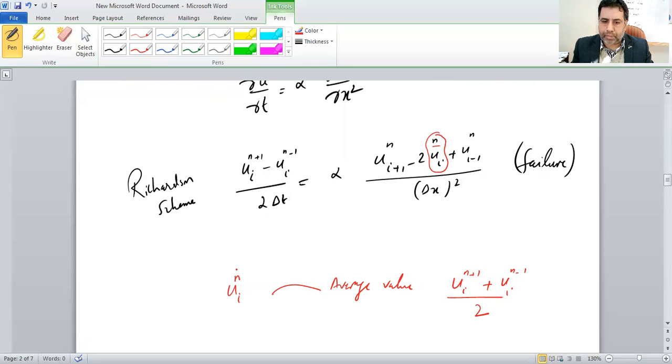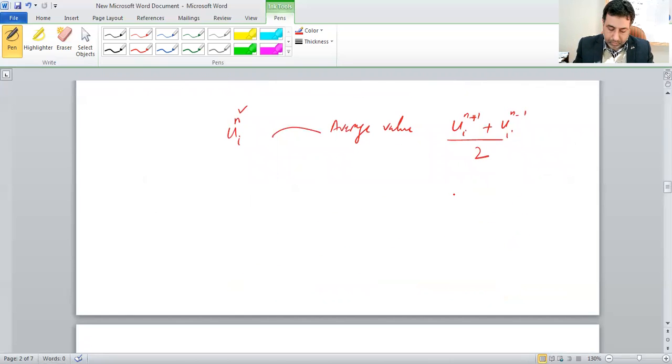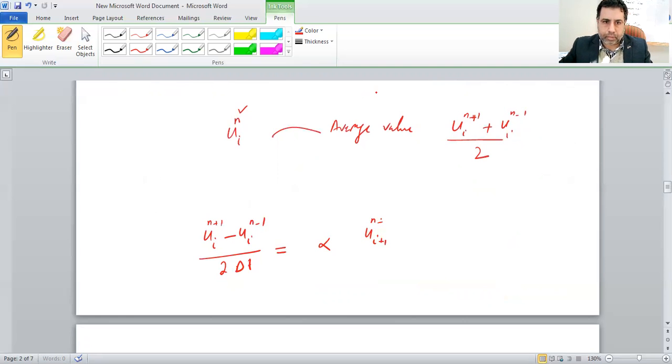So this is time level n, and this is time level n plus 1 and n minus 1. So what we get is ui n plus 1 minus ui n minus 1 divided by 2 delta t, no change in the left hand side. So ui n, i plus 1. Let me erase this. Okay.